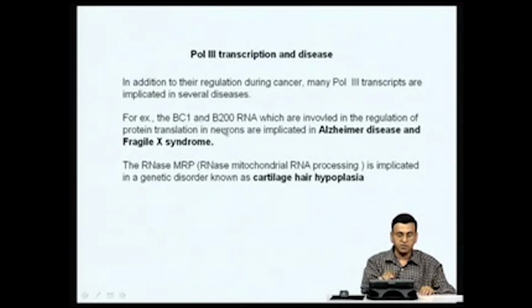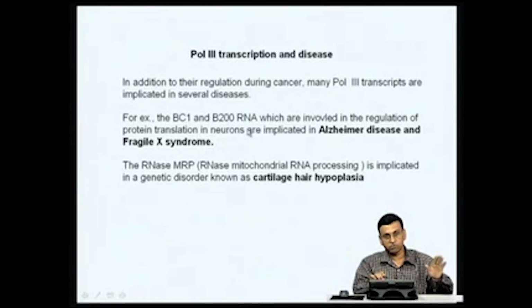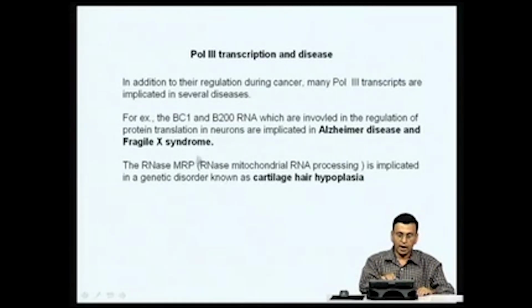Both BC1 and BC200 are transcribed by RNA polymerase III, and these are present only in neural cells. When you have problems in BC1 and BC200 RNA synthesis, it leads to diseases like Alzheimer's disease or Fragile X syndrome. So, Pol III transcription is involved in neuronal disorders such as Alzheimer's disease and Fragile X syndrome.